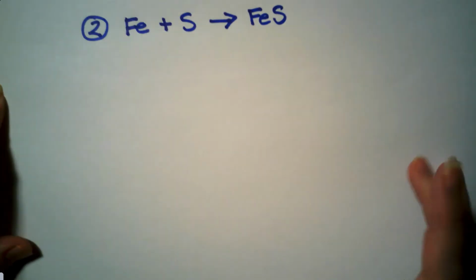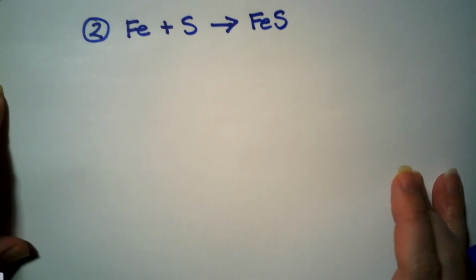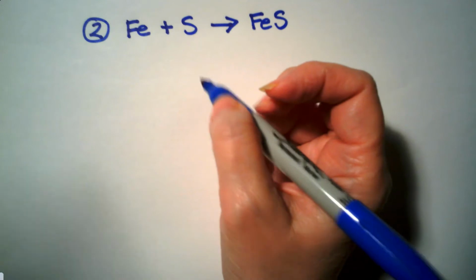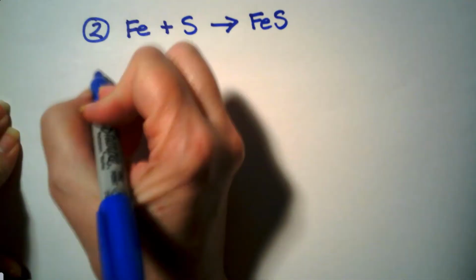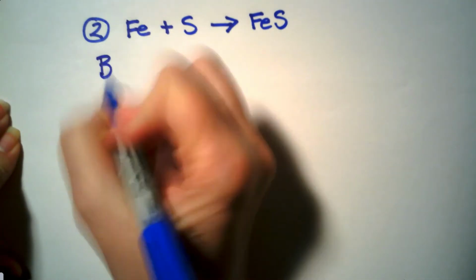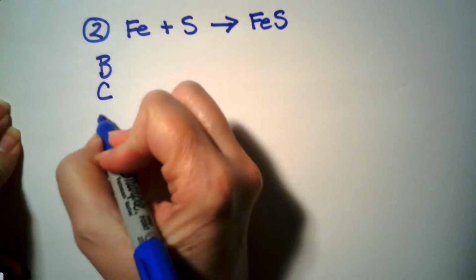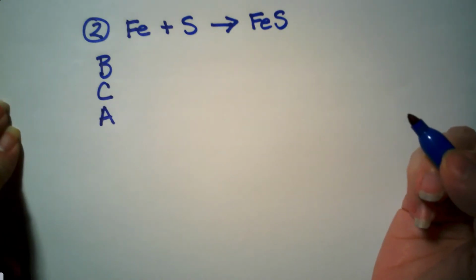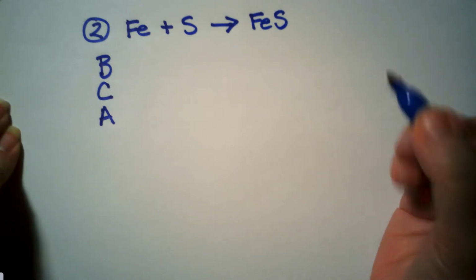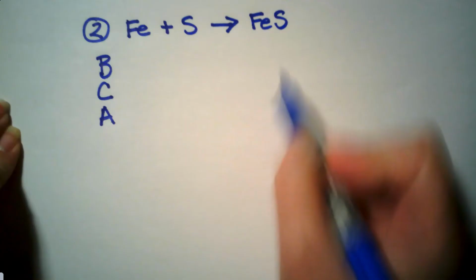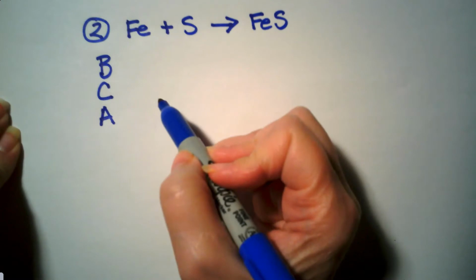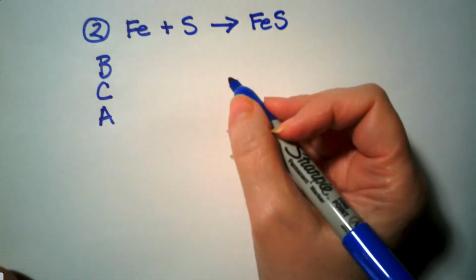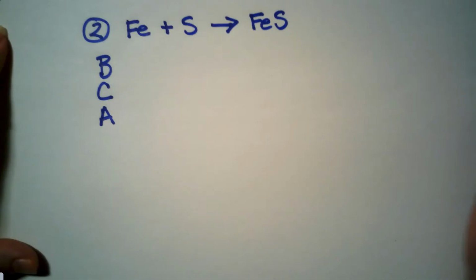See if you can remember why it's iron 2 sulfide. Okay, so then we are going to be creating our BCA table. Before, change, after, and look at what we are given. We are given grams. Are we allowed to put mass, put grams in our table? Nope. So we need to convert those grams into moles.